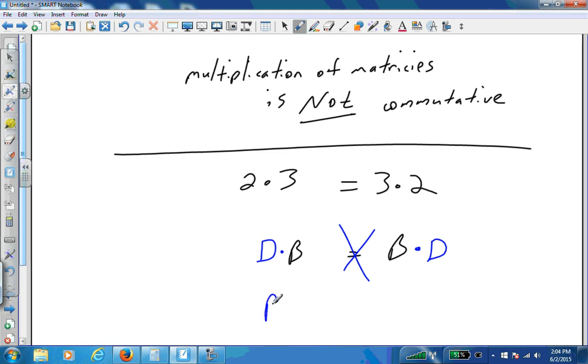So if I multiply by a matrix on the left side, then I have to multiply by that same matrix on the left. And again, we'll get into more of that in the future. But we do have to be careful when we solve a matrix equation, which side we put our matrix on.